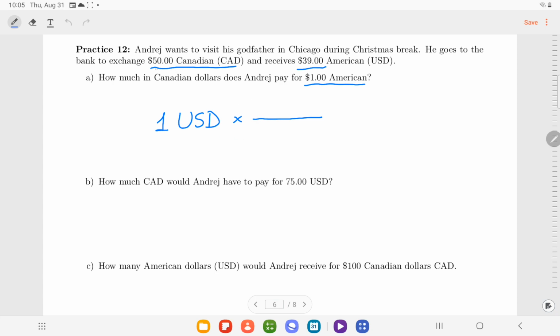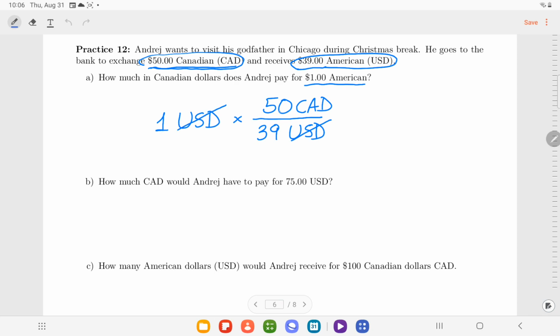We know that for 50 Canadian dollars, he gets 39 US dollars. We put USD on the bottom so we can cancel them out.